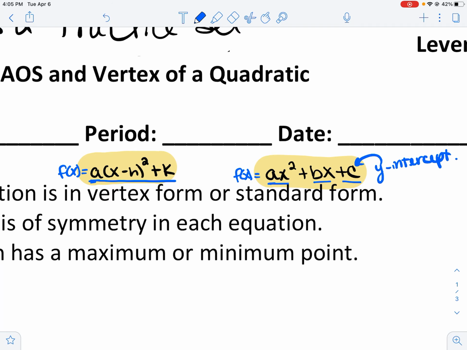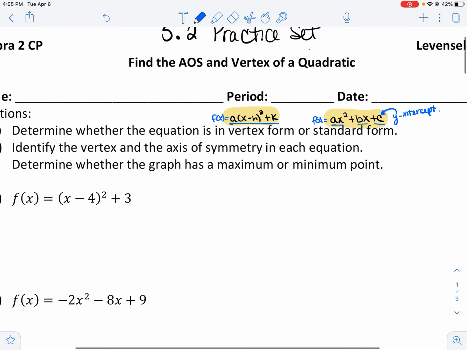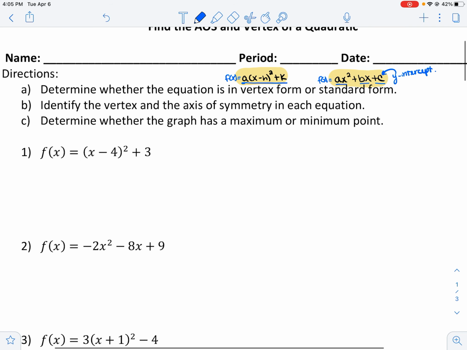Okay, so one of the things that we want to be able to do is determine whether the function given, the equation, is written in vertex form or in standard form, because there are two different ways to graph a vertex form versus a standard form equation. So number one, when I see the parentheses, like quantity x minus 4 squared, that tells me this is in vertex form.